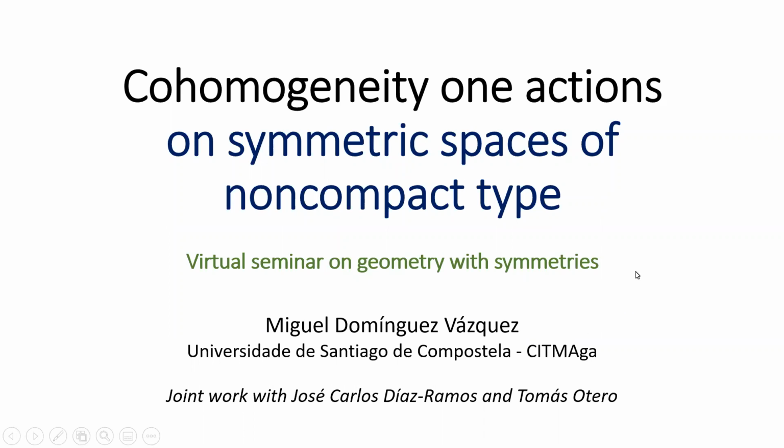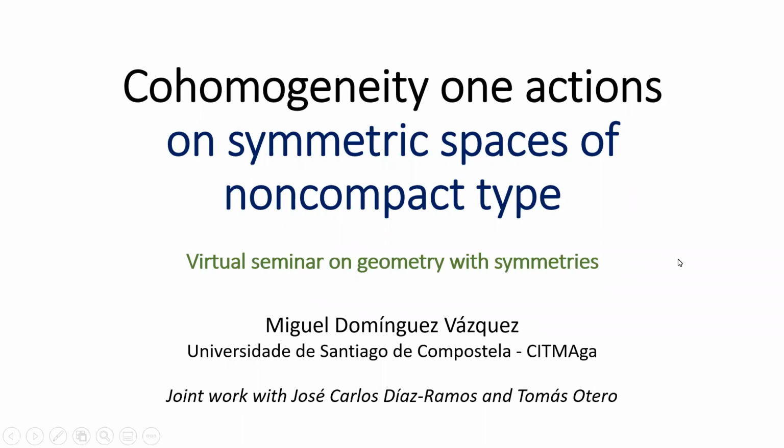The goal of this work is to provide new tools for the classification problem of cohomogeneity one actions on symmetric spaces of non-compact type, and in particular to get classifications in symmetric spaces of rank higher than 2. We are concluding the paper, and hopefully it will be on the arXiv soon, in the next few weeks.